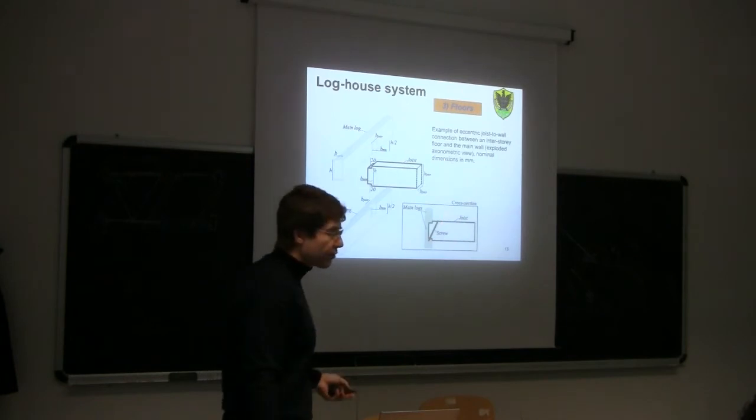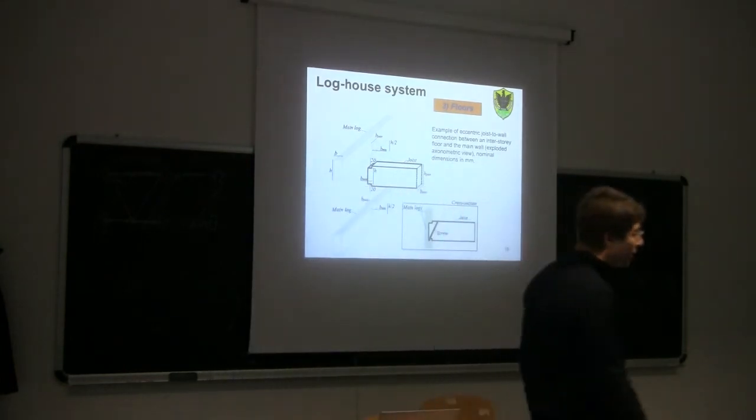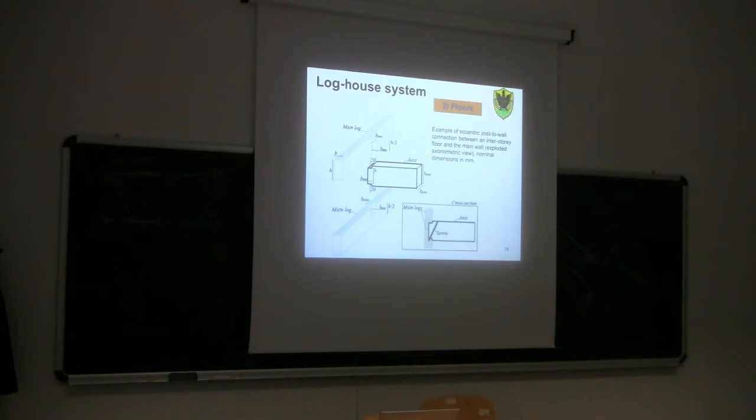In this kind of structure, the idea is that in log-house buildings the use of metal fasteners is in general minimized. Very often whoever buys this kind of building wants to minimize the use of glue and the number of metal fasteners within the building.